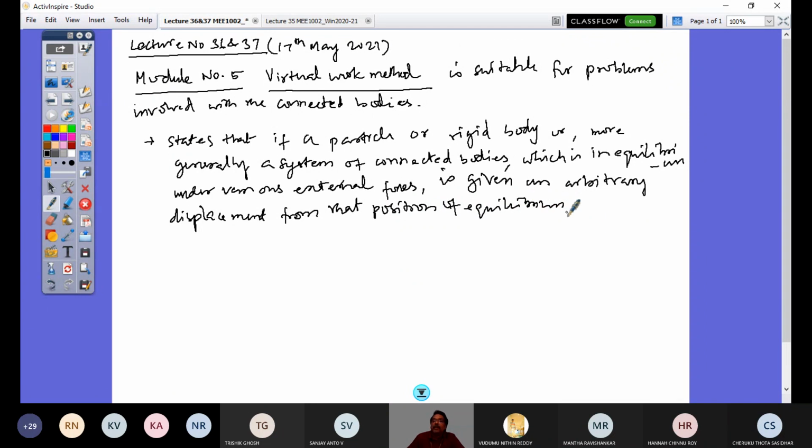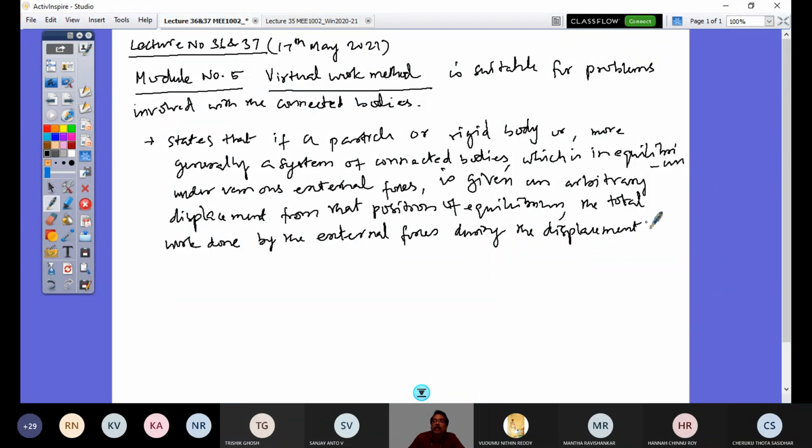The total work done by the external forces during the displacement is zero. This is what is called the principle of virtual work.